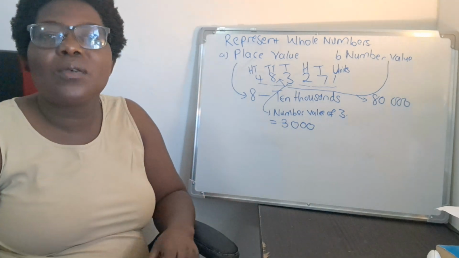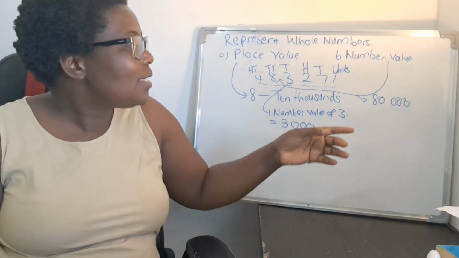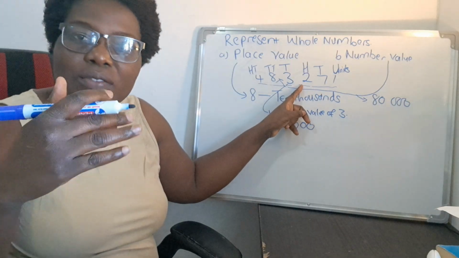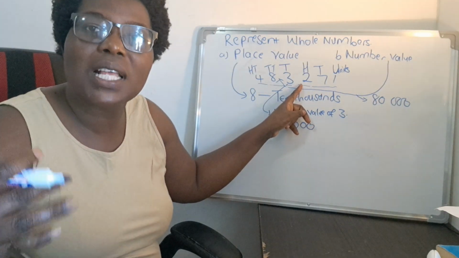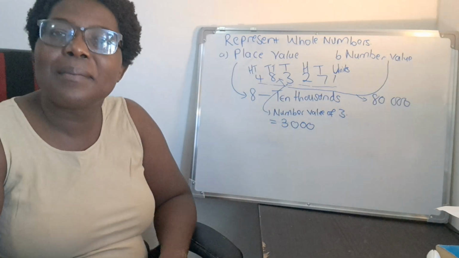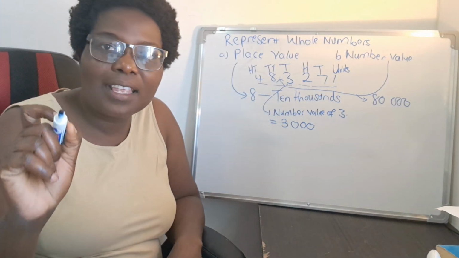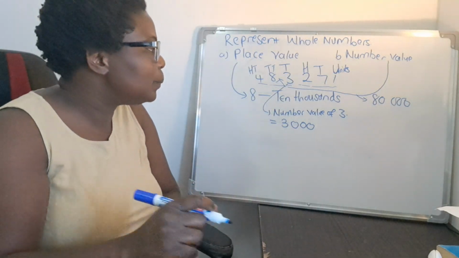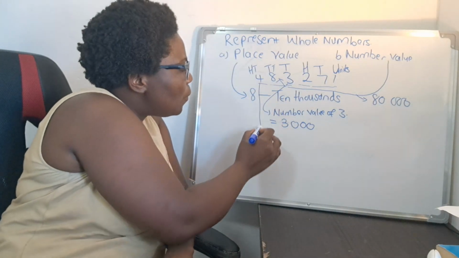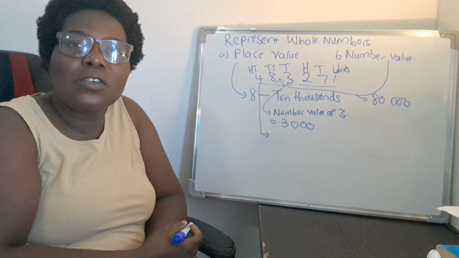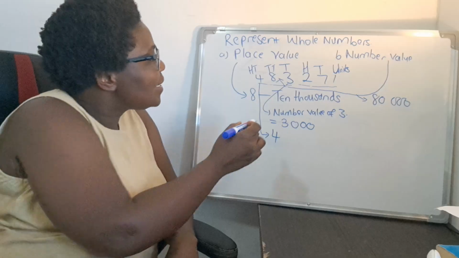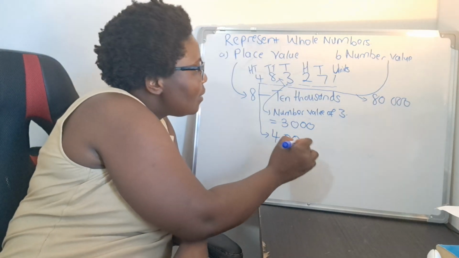The easier way, when you're asked for a number value, just go and replace all the rest of the numbers that come after that number with zeros. Then you write the number as is. Let's see if we have mastered the number value. Let's look for the number value of 4. What did I say? When they ask you for the number value, write that number first and then replace the rest with zeros.